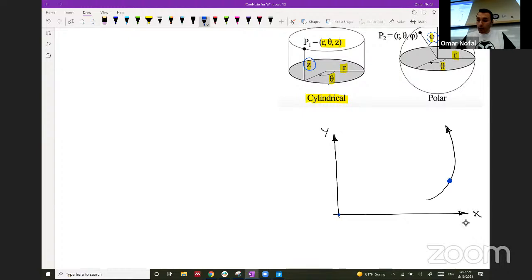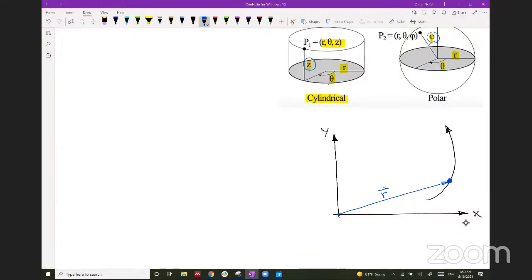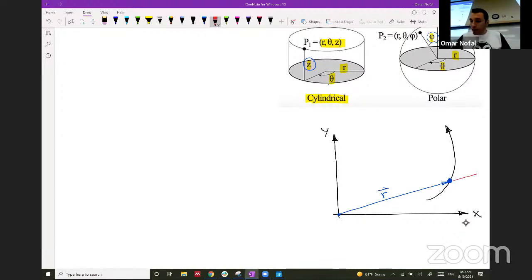So this position is described by the r vector. The r vector is in the radial direction, and it starts from a certain predefined origin and goes up to the particle at this location. So this is the r, and here's the direction of the r vector.